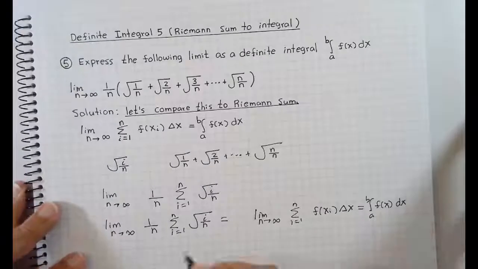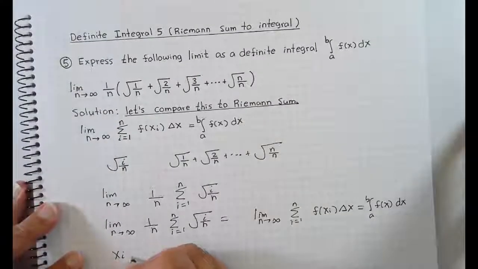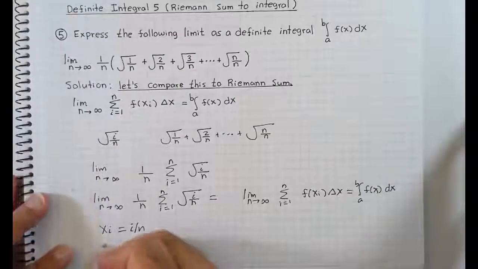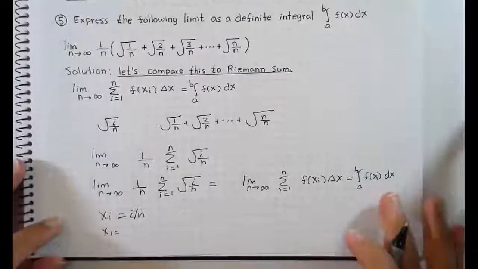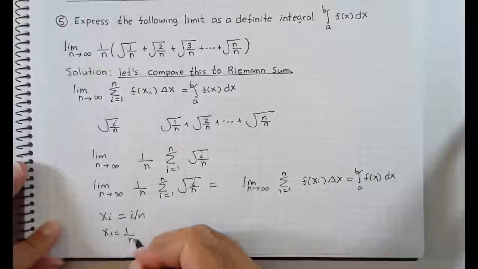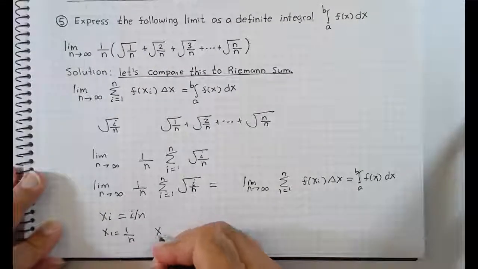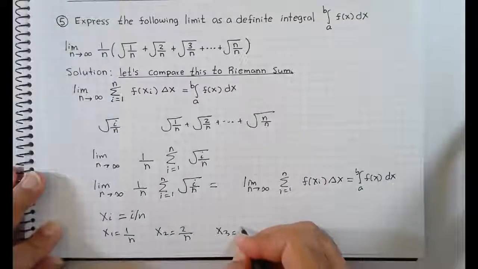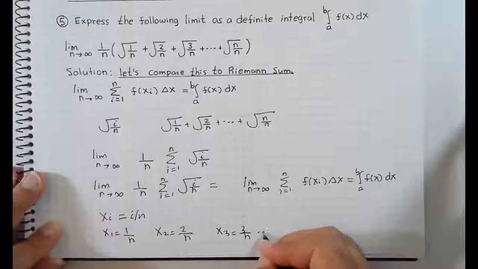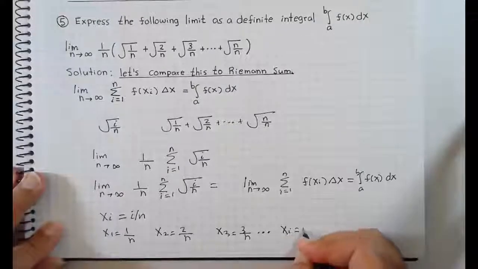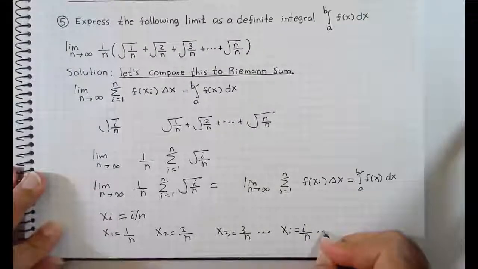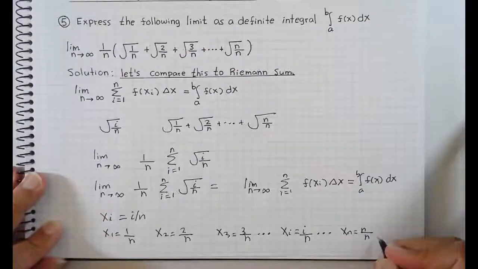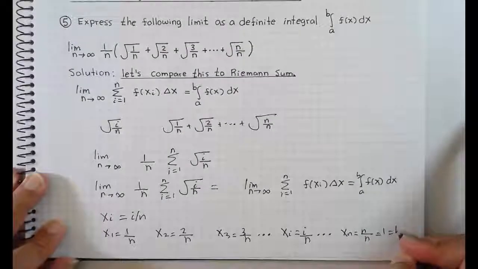Okay, so we let xi be equal to i over n. That means x1 is equal to 1 over n, x2 is equal to 2 over n, x3 is 3 over n, xi is i over n, and xn is n over n, which is equal to 1, and that's b.